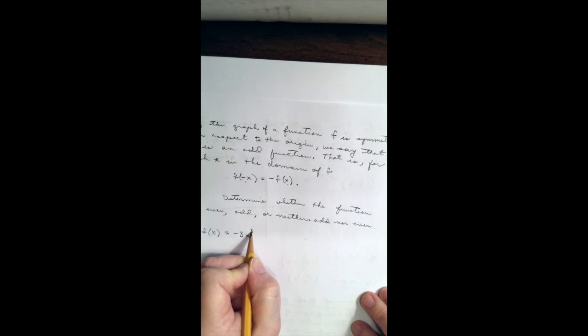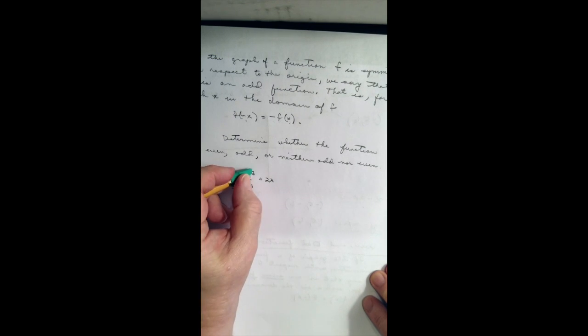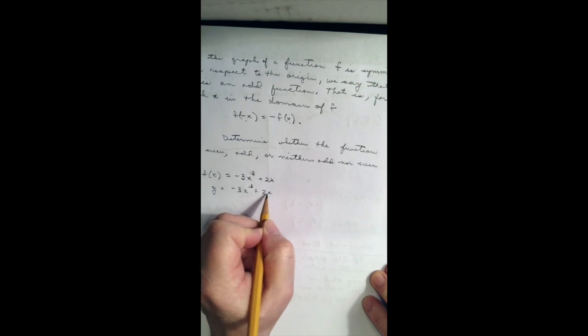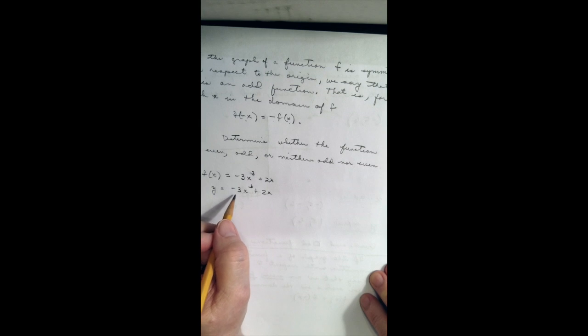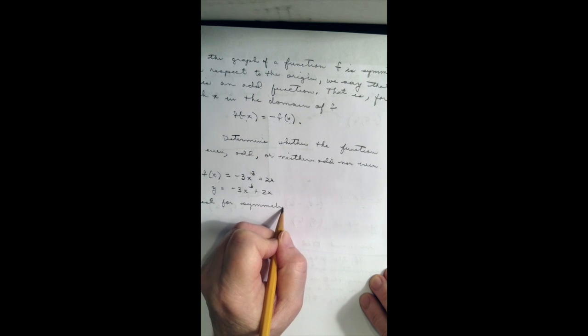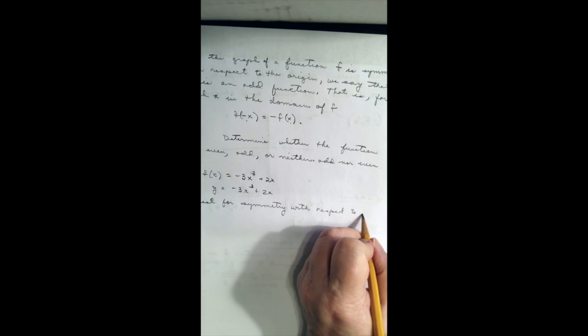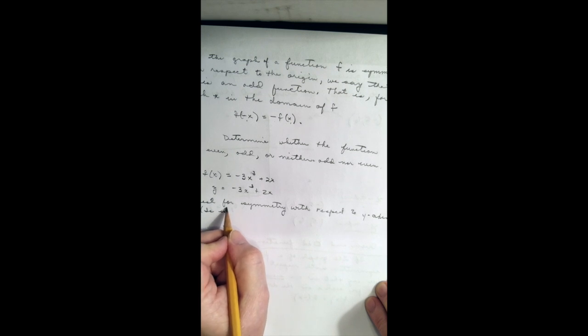And so if we have the function f of x equals negative 3x cubed plus 2x, we would substitute y, first of all, negative 3x cubed plus 2x, and then to determine if it were even, we test for symmetry with respect to the y-axis, asking, is it even?